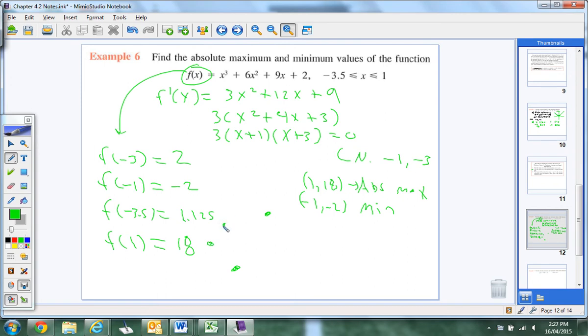It stops right here, so it could be something like that. So here's my min, here's my max for that given constraint, depending on what it is. And one of them happens to be the endpoint.